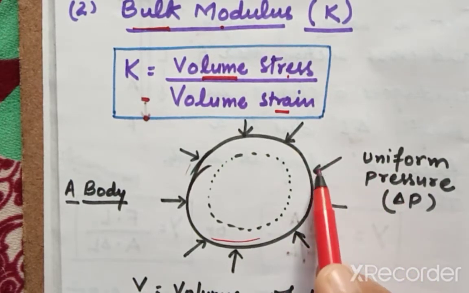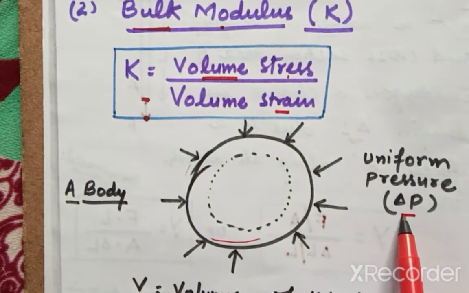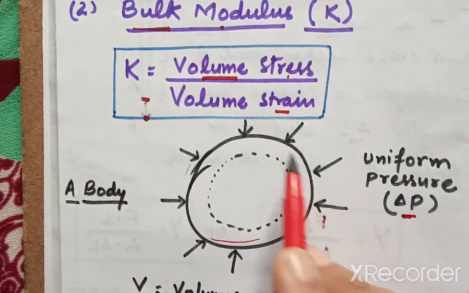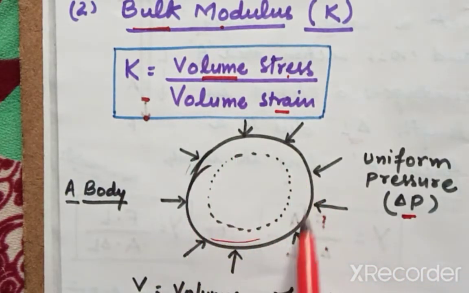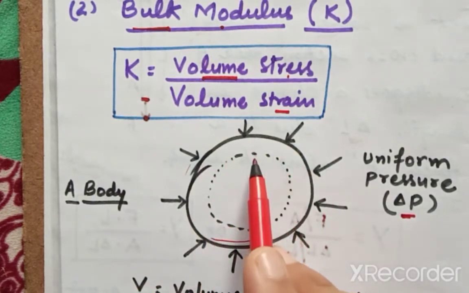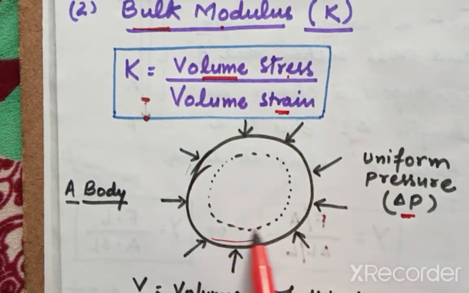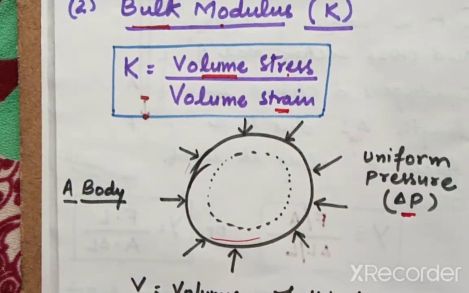Say the pressure is delta P on this rubber ball. Then there will be a change in the volume. So what's strain? Strain is change in the volume per unit volume.